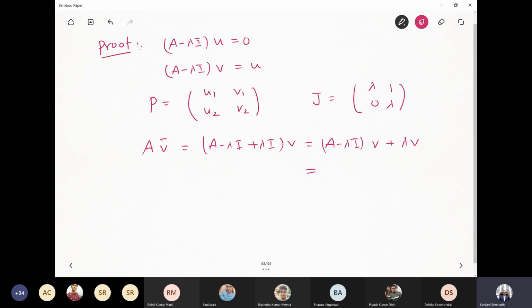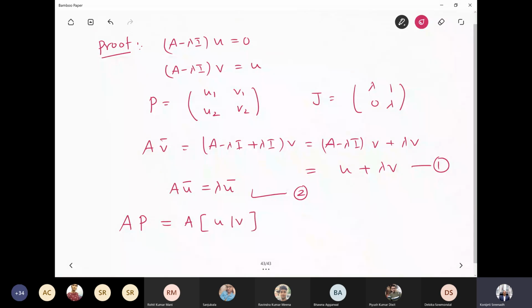A minus lambda I v is nothing but u, so A v equals u plus lambda v. Also, we have A u equals lambda u. Call this 1 and this 2. We can use 1 and 2 to write A into the matrix P. Because it's a 2 by 2 matrix you can directly write it, otherwise if you understand how matrices are multiplied, this is A times u v, which is A u, A v.